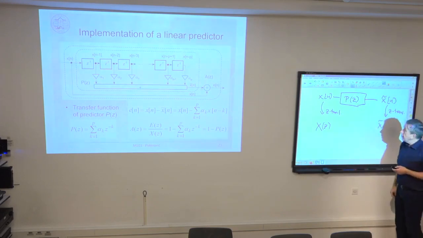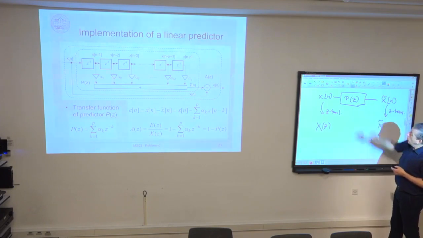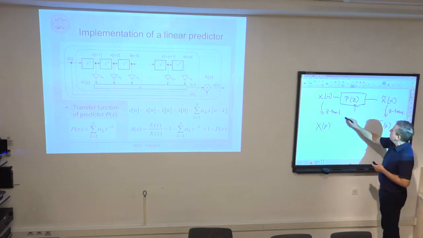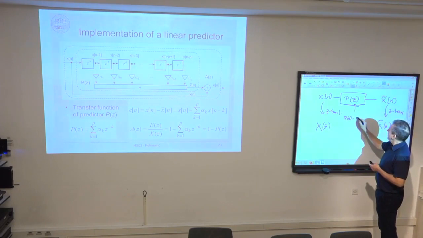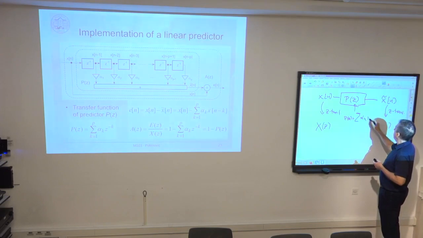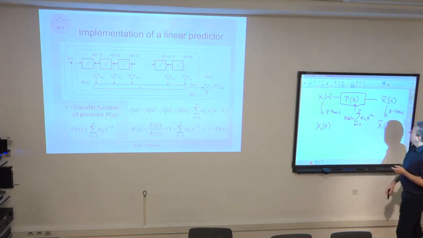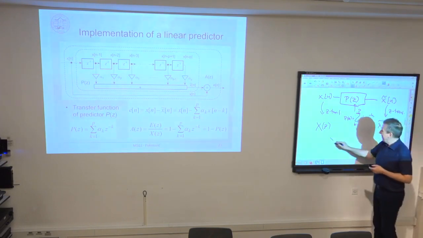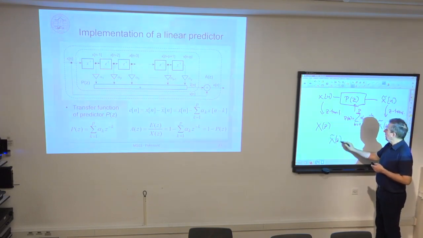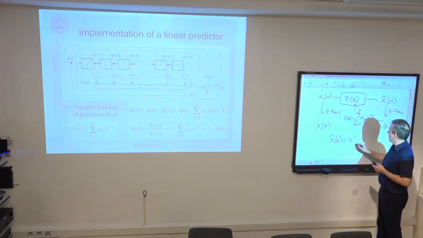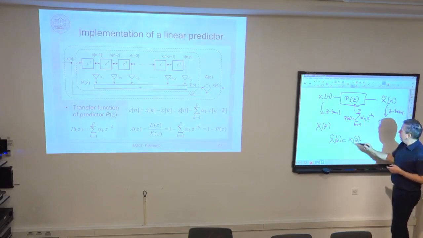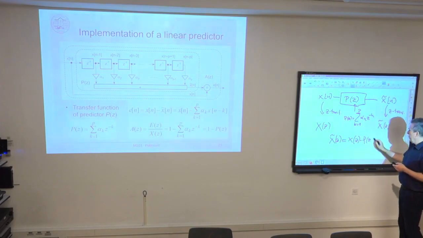And these two are connected through the transfer function of the predictor. And this transfer function is a simple polynomial. So this P of z here is some sum of alpha k, z to the power of minus k, k from 1 to p. And I can get this x tilde of z by simply multiplying x of z with this P of z.